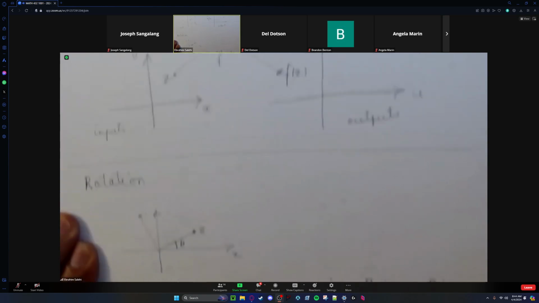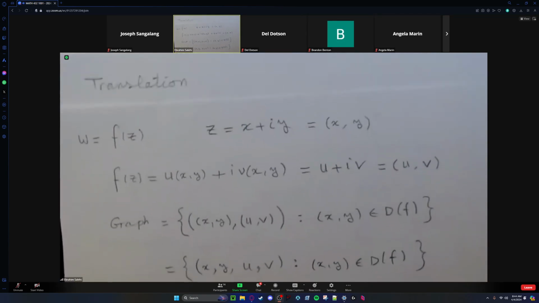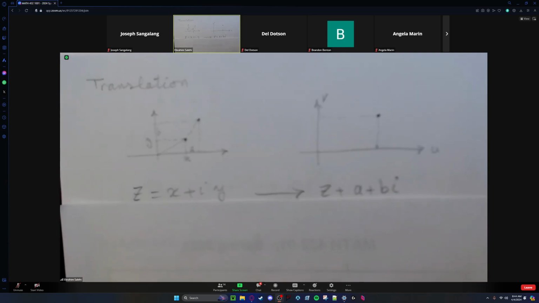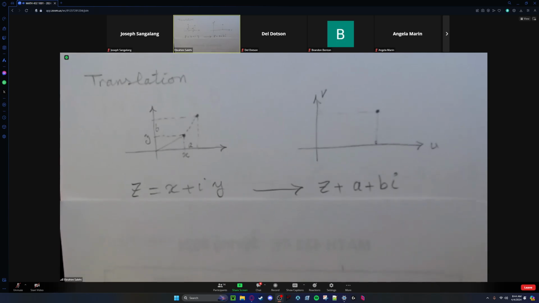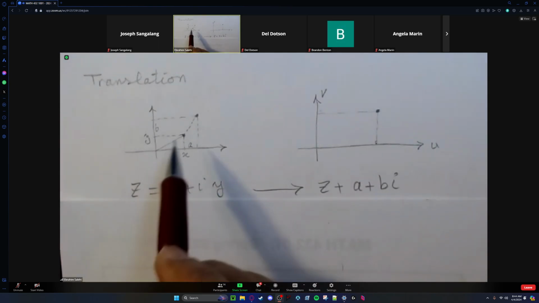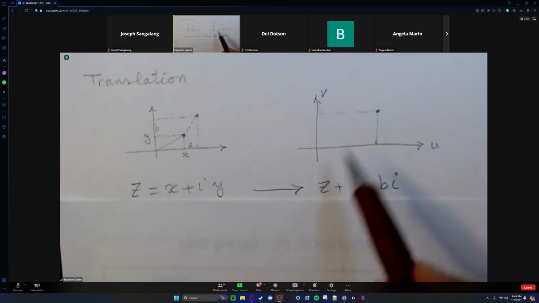Here comes another geometric motion, which is called translation. What is translation? Well, here is the point Z. You take Z to another point.